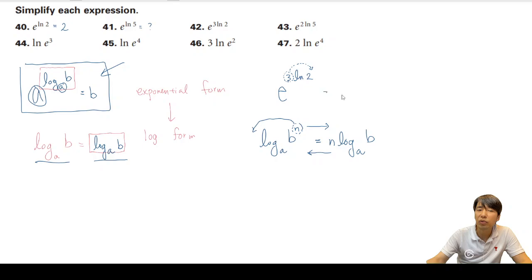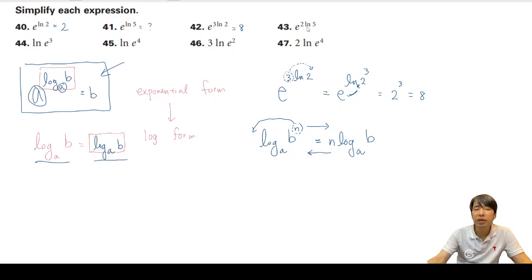So this can be rewritten as e to the power of ln 2 to the power of 3. Now it's got base e. This natural log has base e, so they are the same. So you get rid of everything else except 2 cubed. So this is your answer, which is 8.